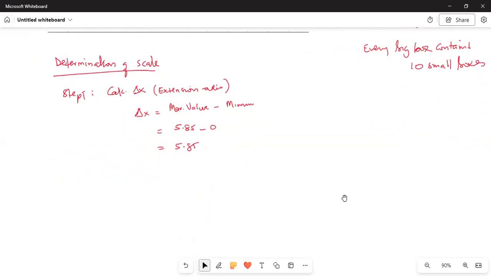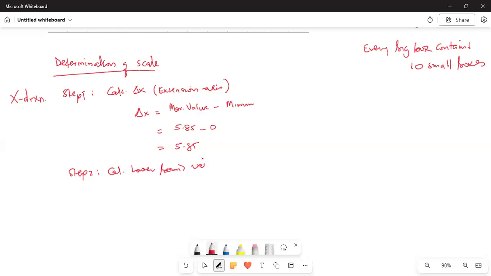So step 2. Let us know that now we are dealing with the x direction. Calculate lower bound value. Let me call it LBV for short.